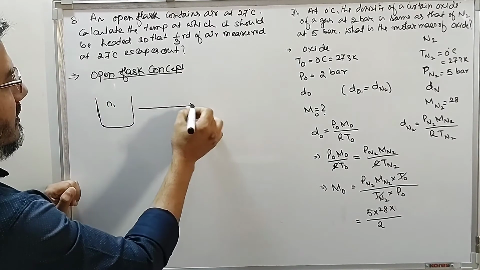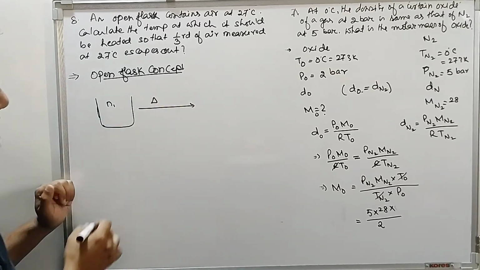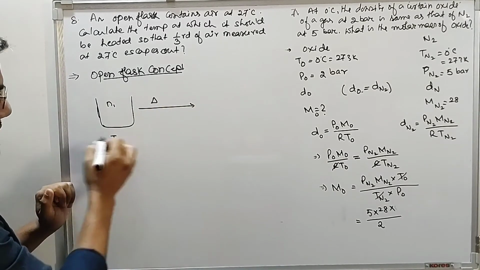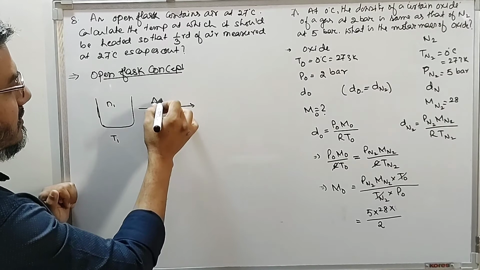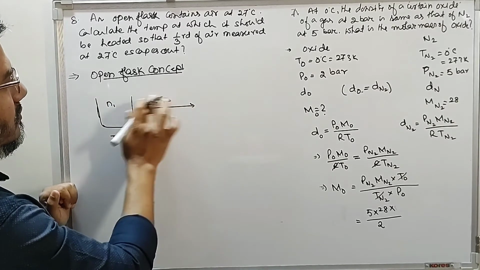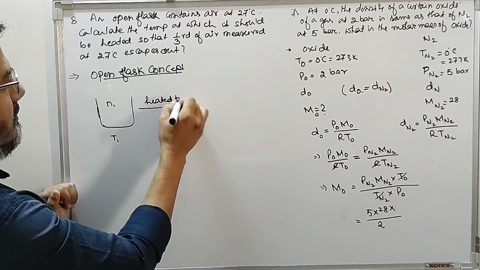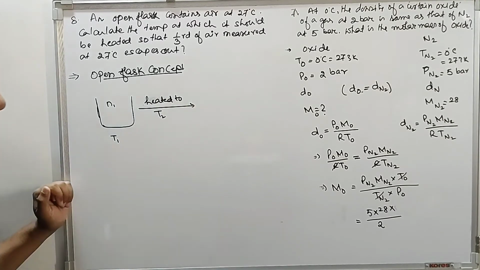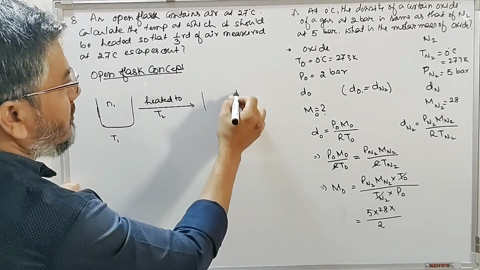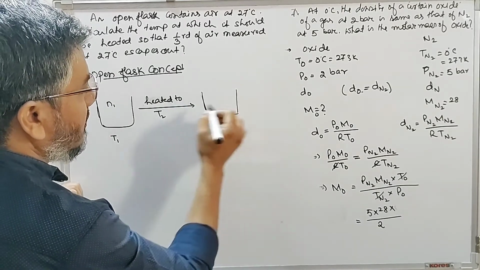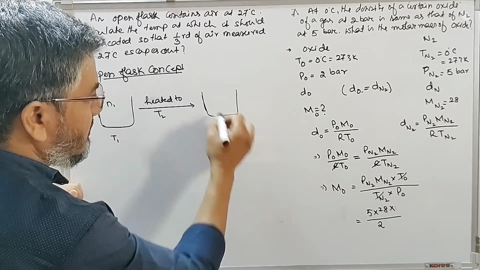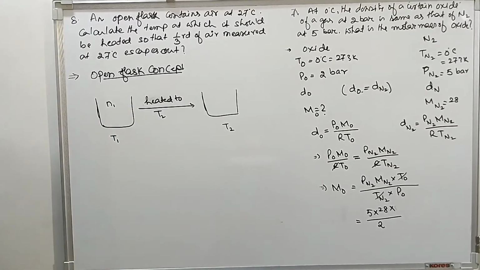Now this container is heated. Initially this was at temperature T1. Now this is heated to T2. So during the course of heating, the temperature of the gas in this container increases to T2.